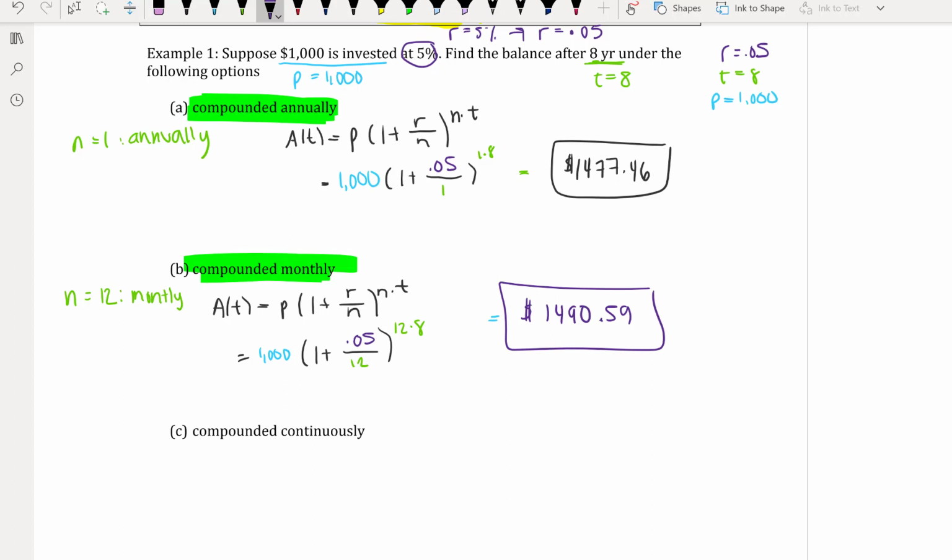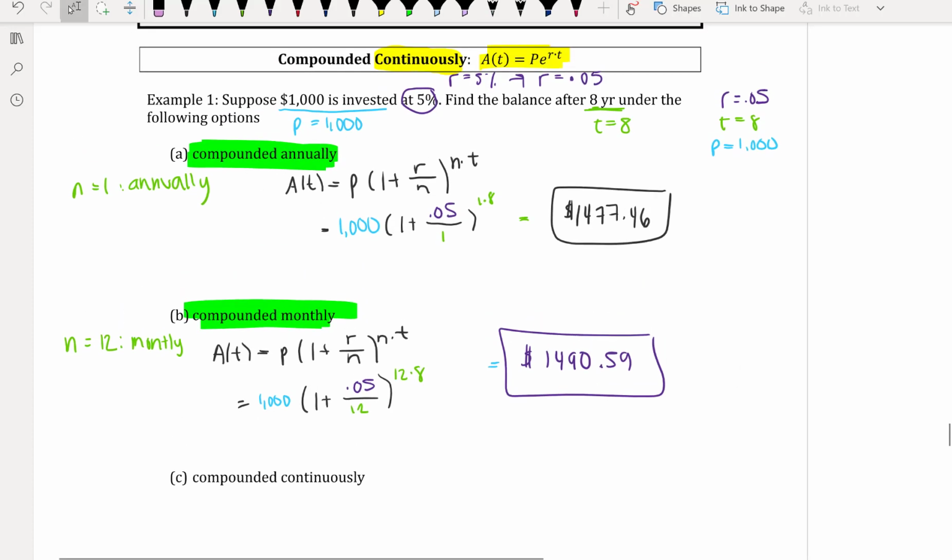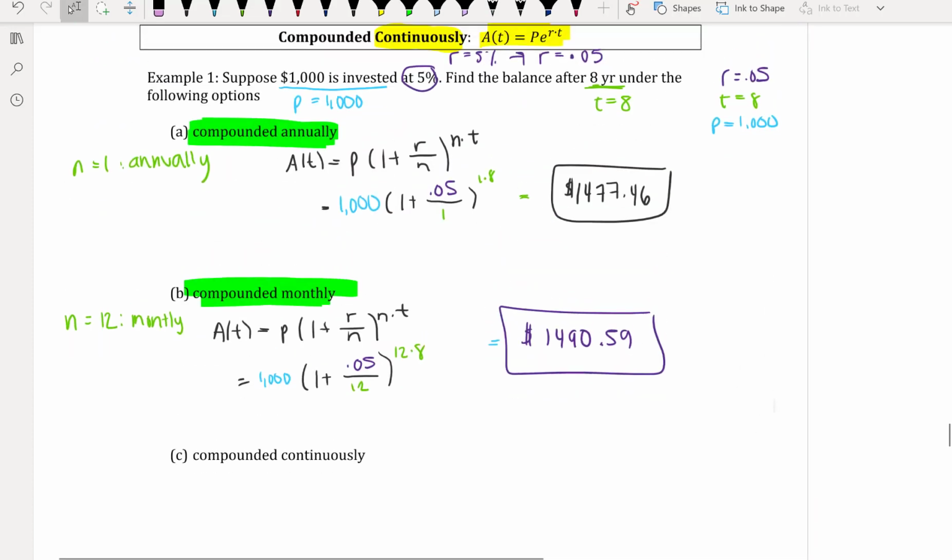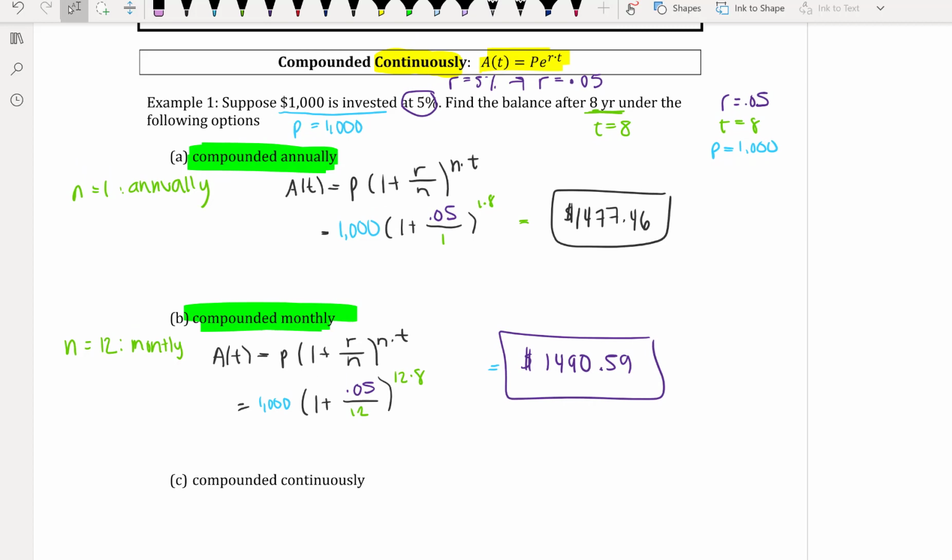And that makes sense that if you have the same principal and the same rate and the same time, it would be different because this is compounded monthly, so that's more times that it's going to have more interest on it. Okay, and now for part C, it says compounded continuously.